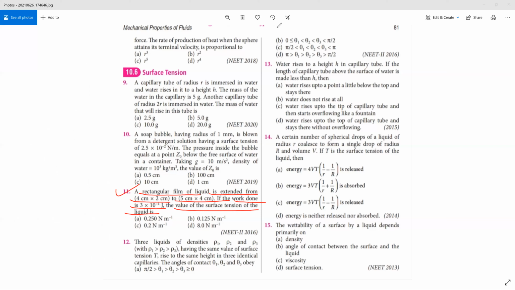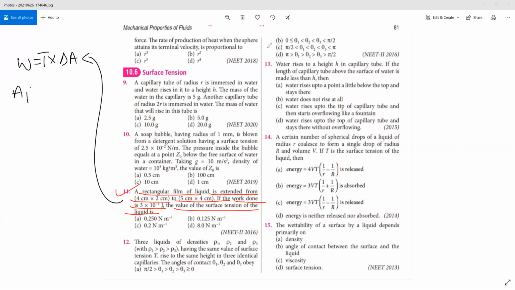For the 11th one, four options are given. We know work done is equal to surface tension of the film into change in area of the film. So that is given by W is equal to T, surface tension, into change in area delta A.